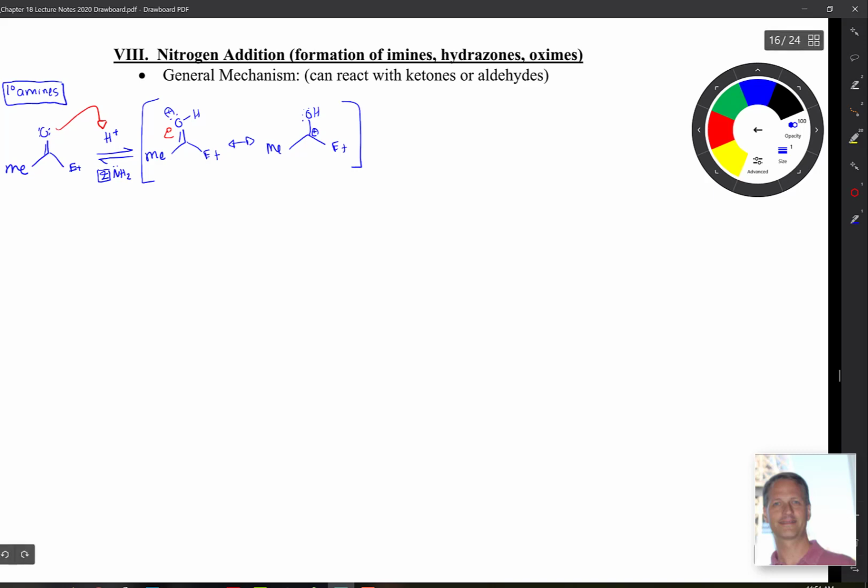So what we're going to see next here is a nucleophilic attack. So we're going to come through here, and we're going to add here our Z and H2. So we're going to come around and we just do this.